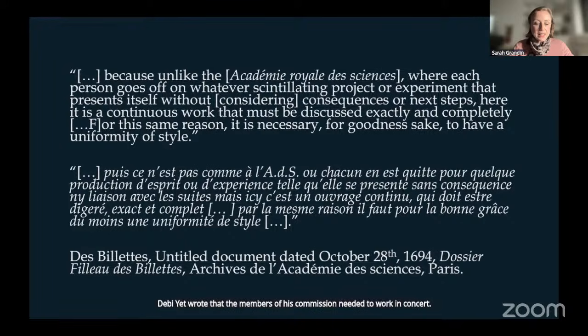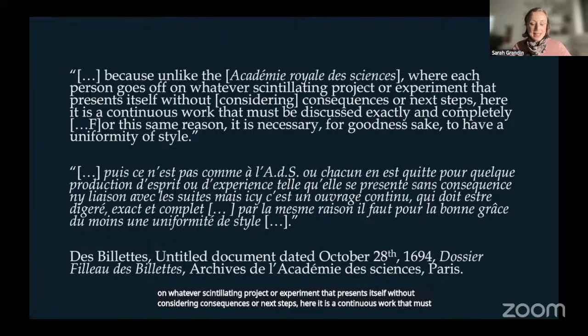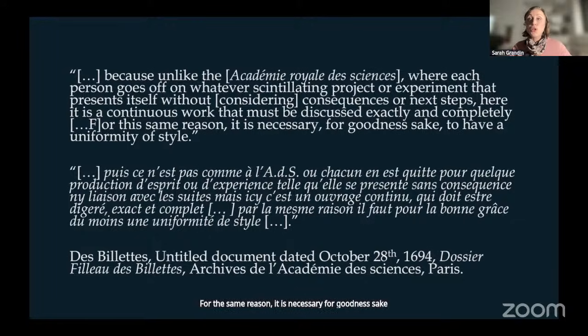He says, because unlike the Académie Royale des Sciences, where each person goes off on whatever scintillating project or experiment that presents itself without considering consequences or next steps, here it is a continuous work that must be discussed exactly and completely. For the same reason, it is necessary, for goodness sake, to have a uniformity of style.